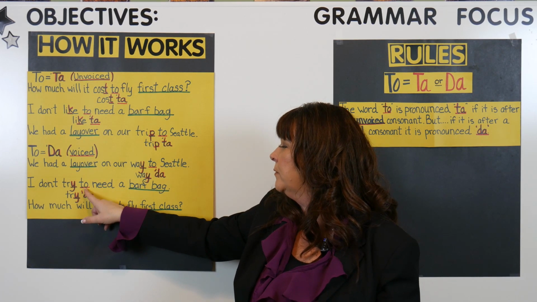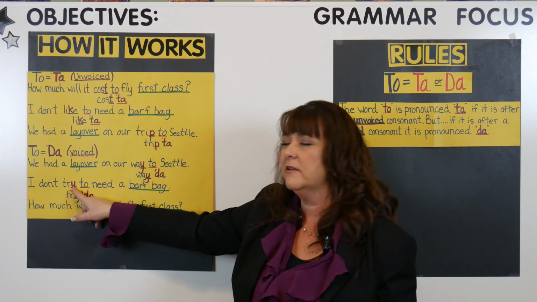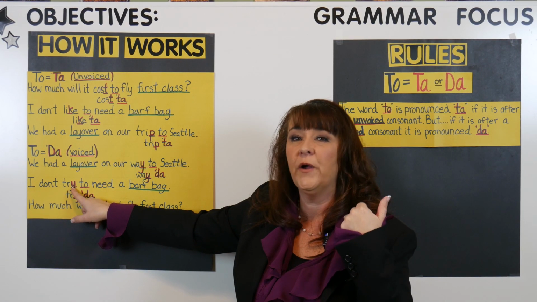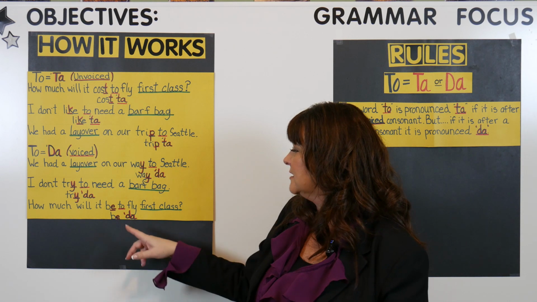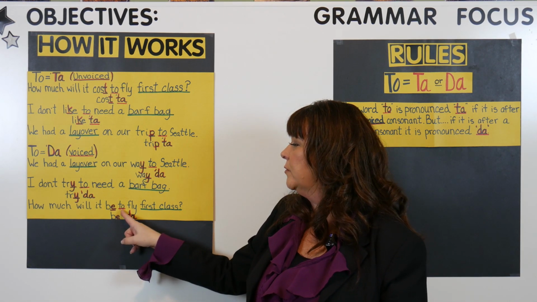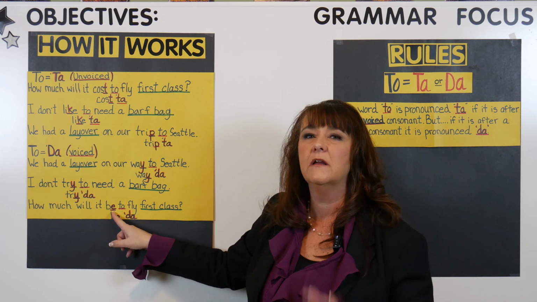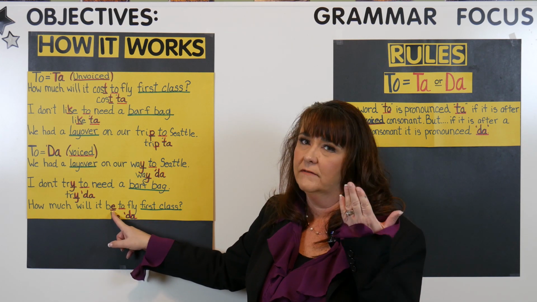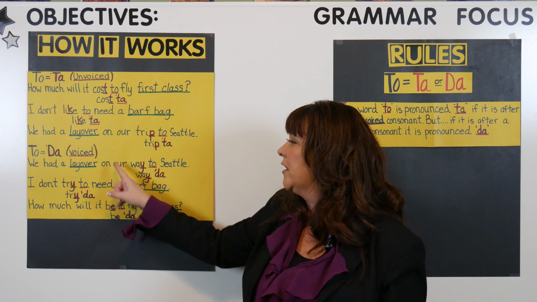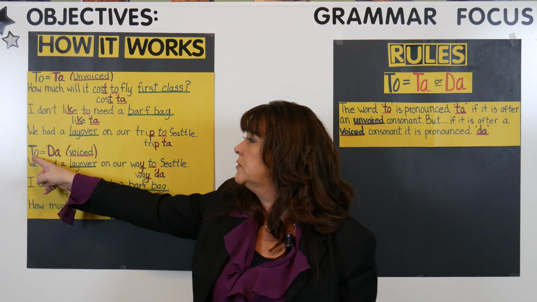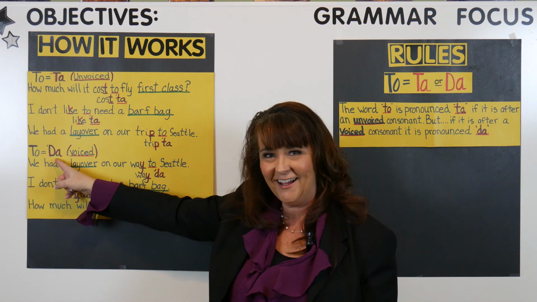Right before the word to, we have the sound I. It's voiced. And on our last example, the word to, right before it, is the sound E. Voiced. So in all three of these examples, we're going to change the word to duh.